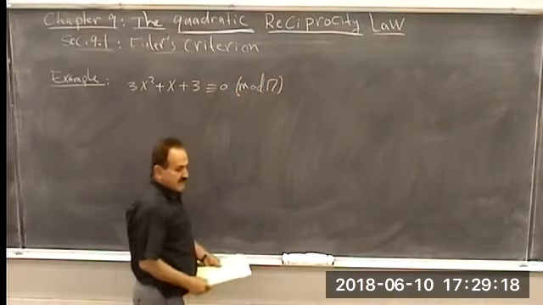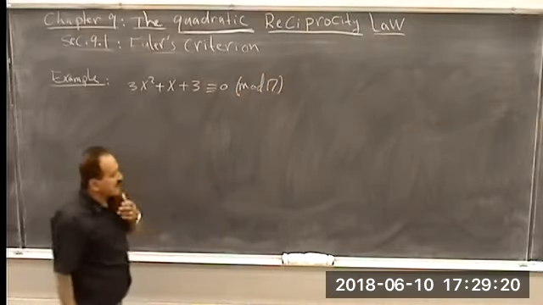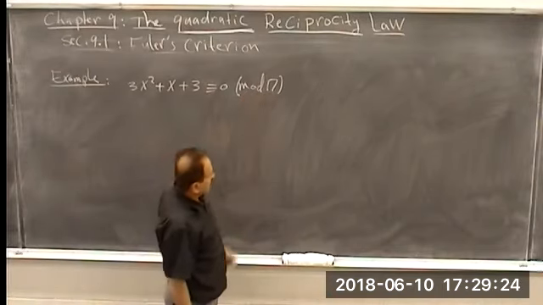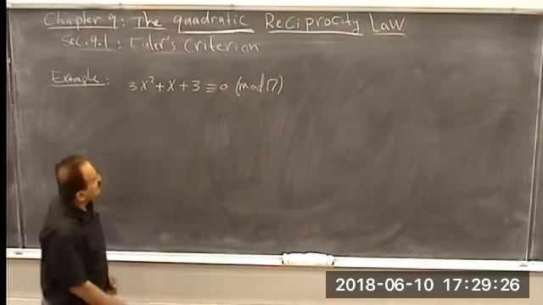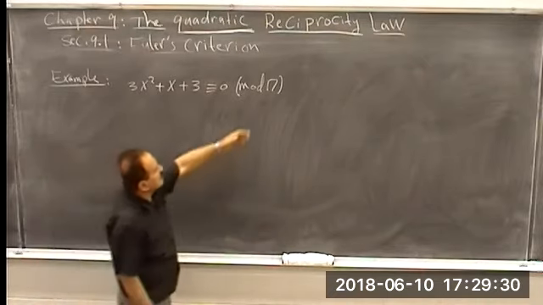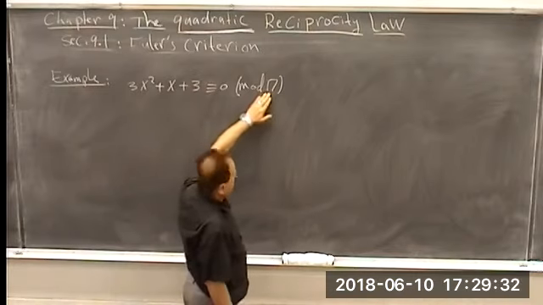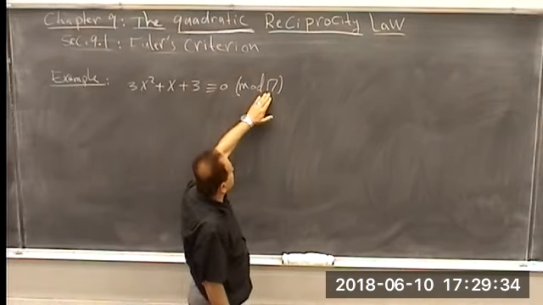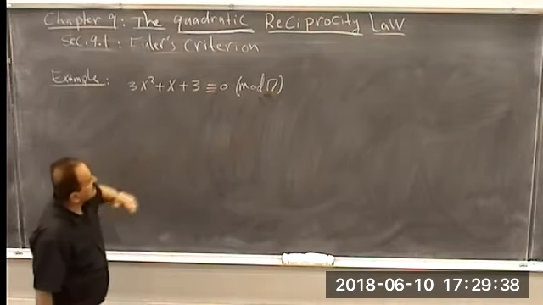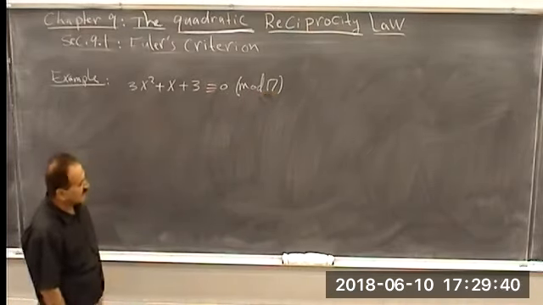Solving this quadratic equation is really not very hard. We could try trial and error by substituting for x a complete residue system for 17, 0, 1 up to 16, and see which one satisfies it.